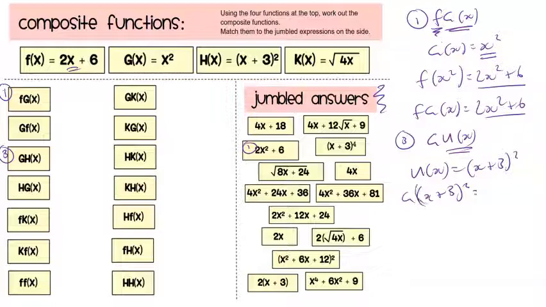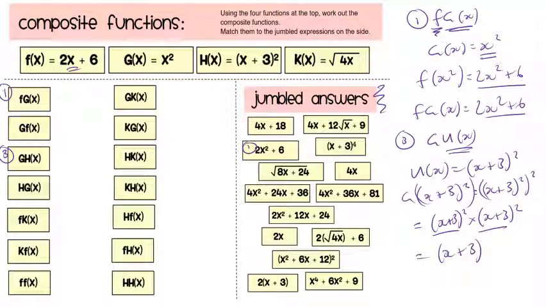So we've got x plus 3 squared, all squared. Now that's the same as x plus 3 squared times x plus 3 squared. And remember, when we've got the same base and we're multiplying it, then for the powers we're going to add those. So we'll get x plus 3 all to the power of 4, which is this one here.